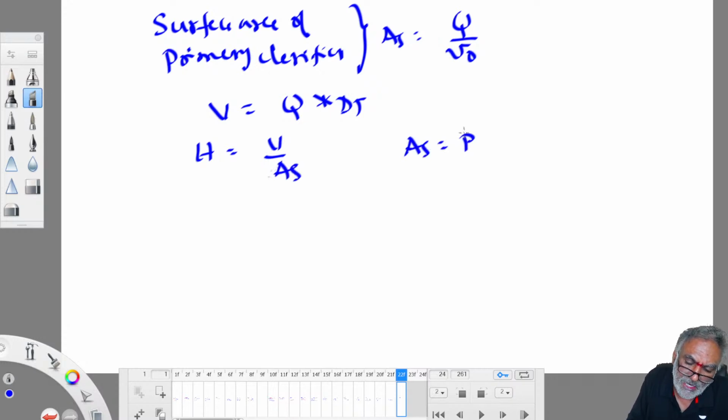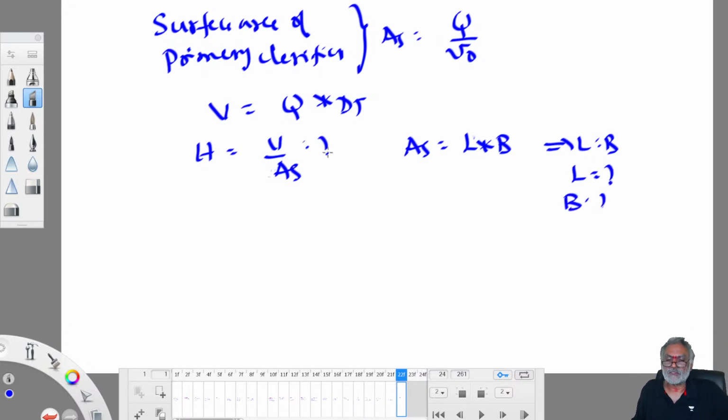Surface area is equal to L into B. So using the L to B ratio you can find the rest of the information. So all of them, we got L, B, H. That's what is called design.